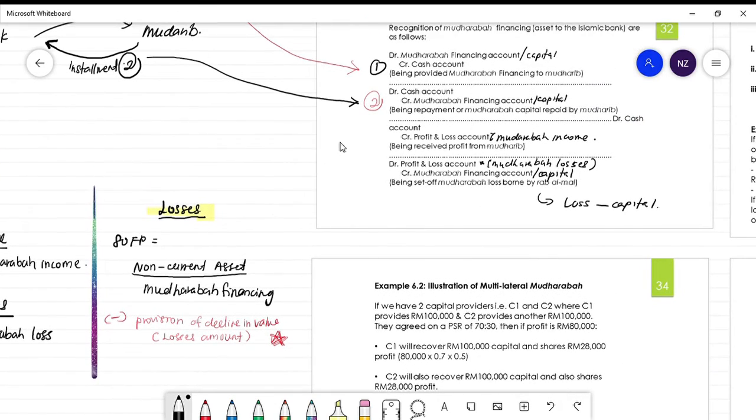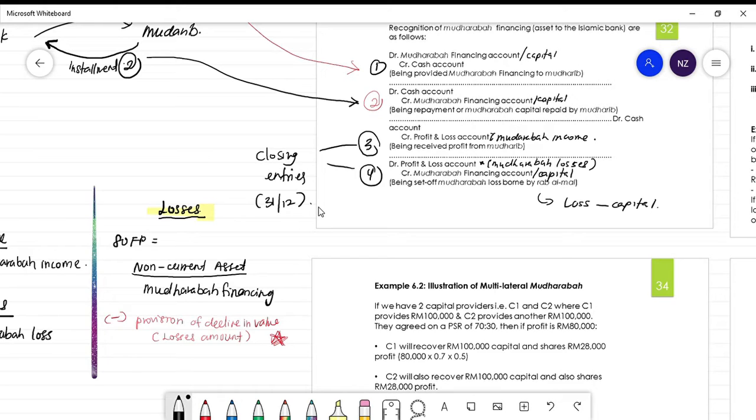Okay, and then lastly these two journal kan, yang ketiga dan keempat punya journal ni, ini biasanya dipanggil as closing entries journal. So biasanya ini akan direkod at the end of accounting period. So biasa accounting periodnya is 31st December lah. So bergantung pada soalan juga.